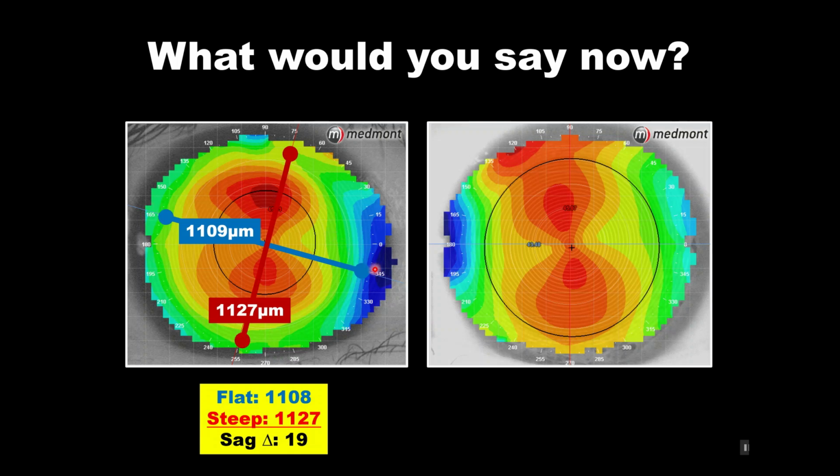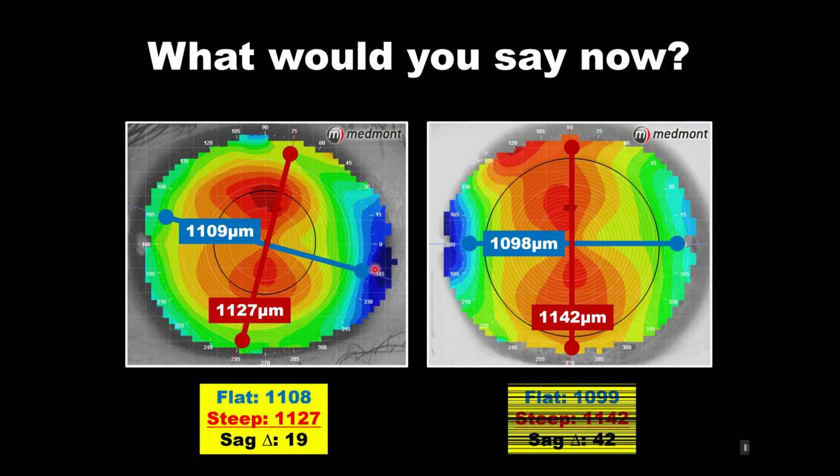So it's a relatively symmetric cornea in the periphery, or let's say only slightly toric in the periphery. Then our limbus to limbus case, we see 1,098 microns on the flat, 1,142 on the steep, a difference of 42 microns, a much bigger differential.